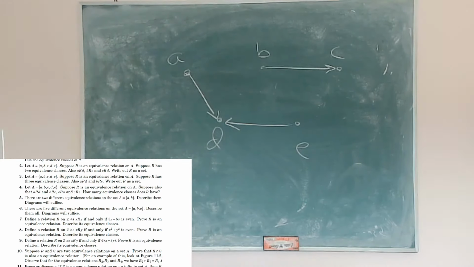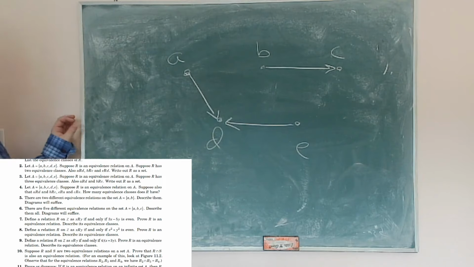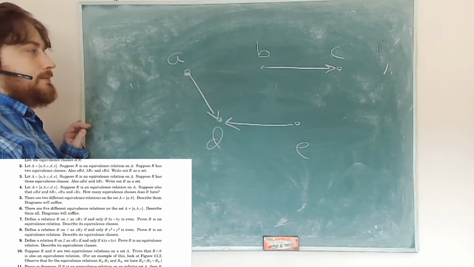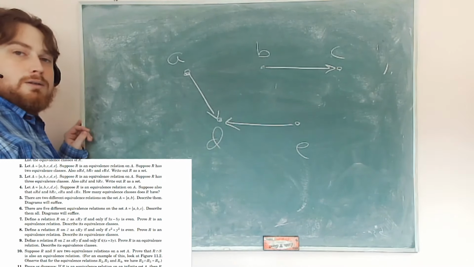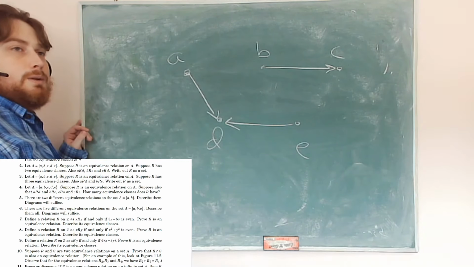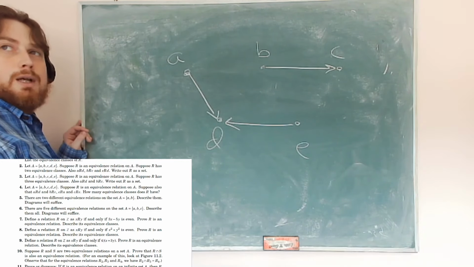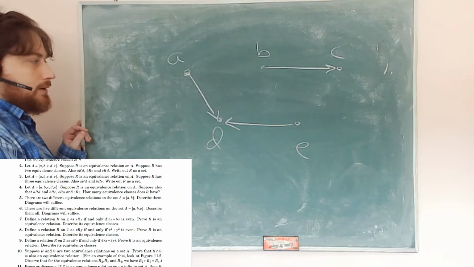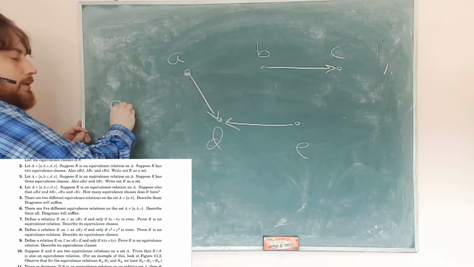So that's what's given to me: this is going to be an equivalence relation, it's going to have those properties, and we need 2 equivalence classes. If I'm going to finish this up, let's walk through the properties. The first property of an equivalence relation is that it's going to be reflexive.